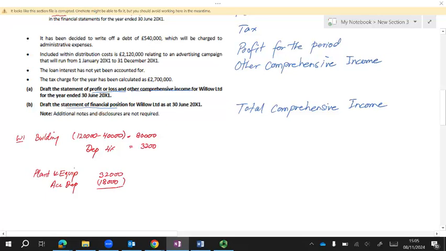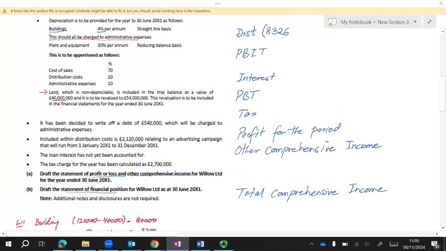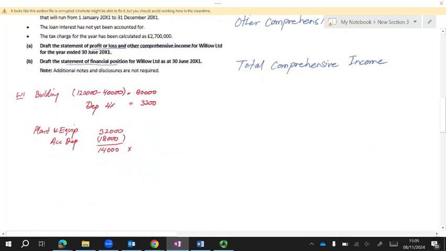And we need to apply 20% because it's a reducing balance method. So we have to take the cost of the plant and equipment, subtract the accumulated depreciation, and then apply 20% on it.